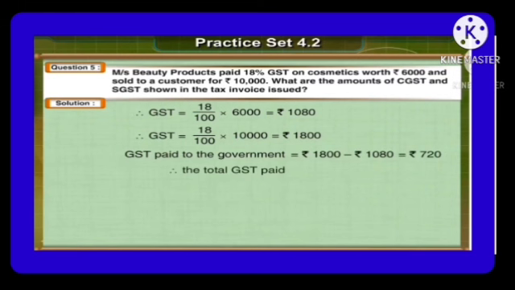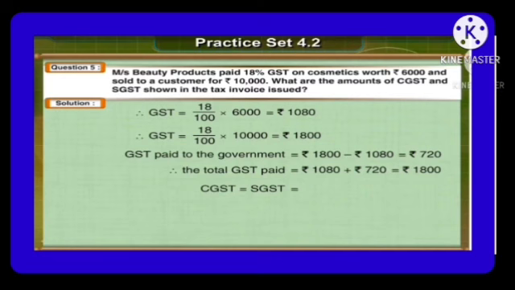Therefore, the total GST paid is equal to rupees 1,080 plus 720, which is equal to rupees 1,800. Now we'll see here CGST is equal to SGST.